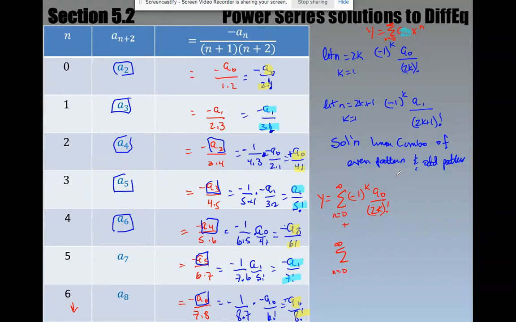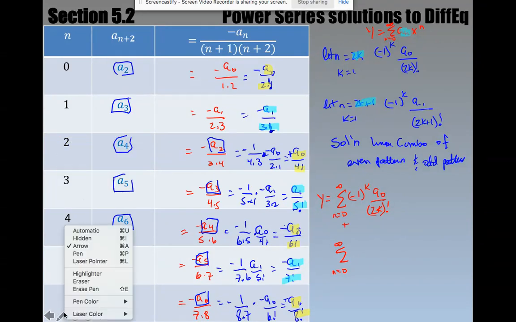You found a to the n, right? You just found two different a to the n's. You found this one when n was 2k and one was 2k plus 1. So actually, I guess I should write k here, shouldn't I?